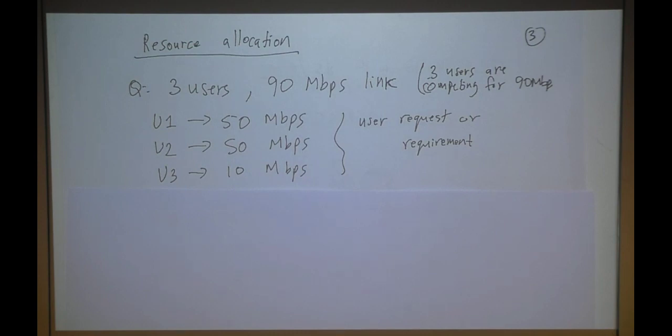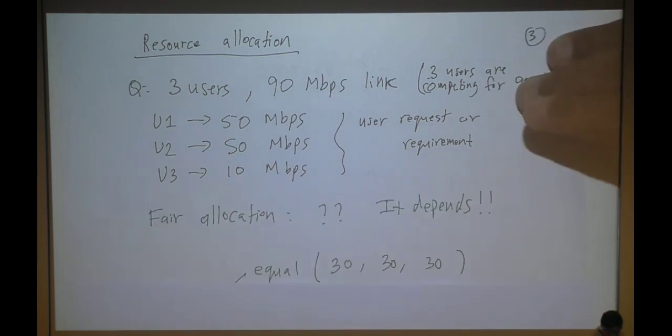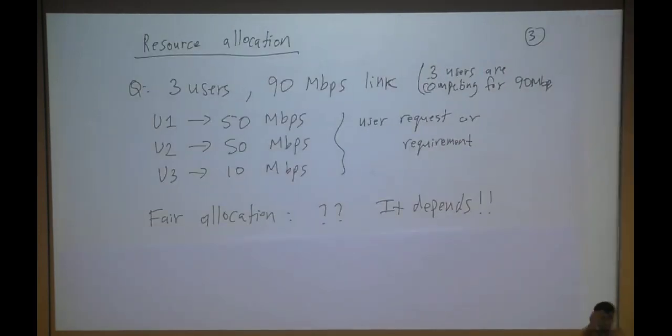So the situation is the same as before. I have 3 users that intersect at a router. The router has an outgoing link of 90 megabit per second. And the question is, how do you allocate it? What's a fair allocation?